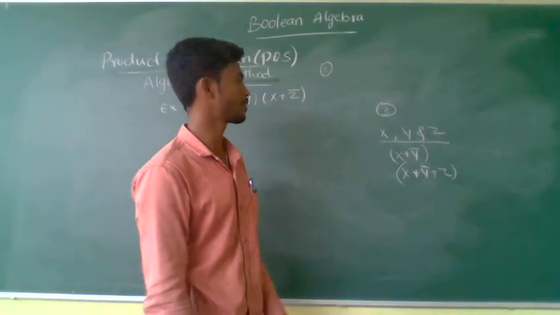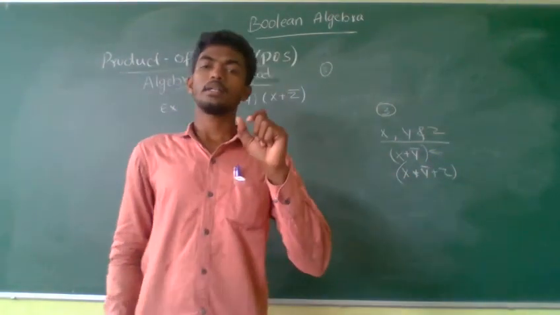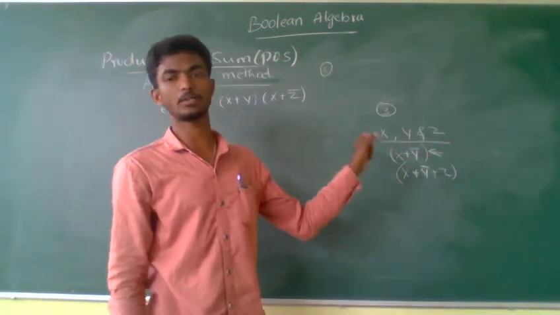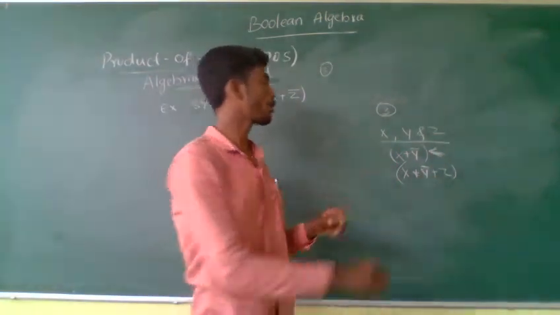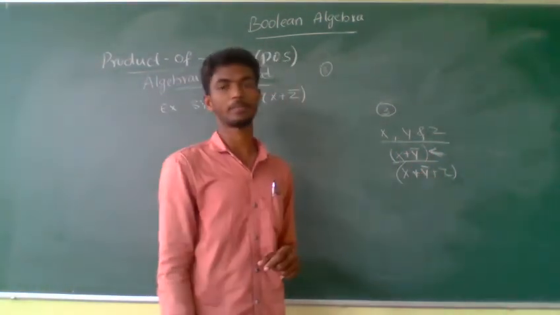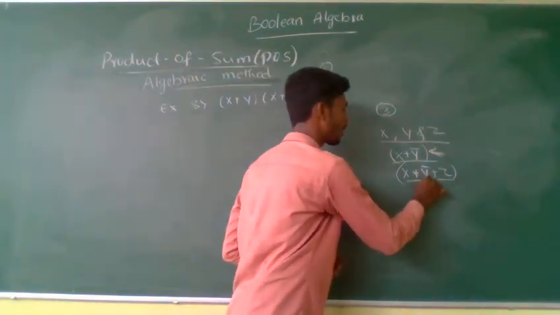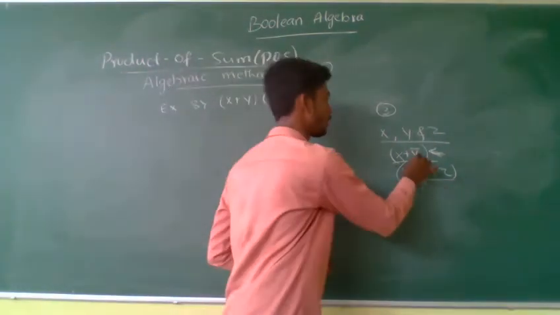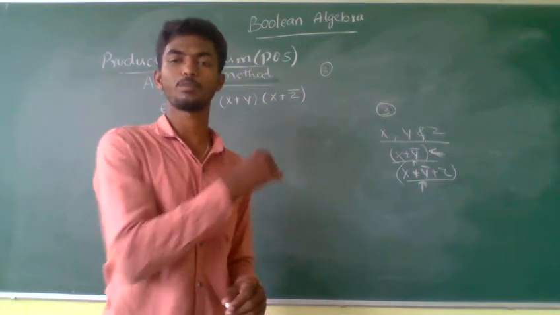Observe the difference. A sum term involves only some of the literals, one or two of them. If all the literals in the system are available in the term, that is called a max term. Note the difference between a sum term and a max term. So let us come to the problem.